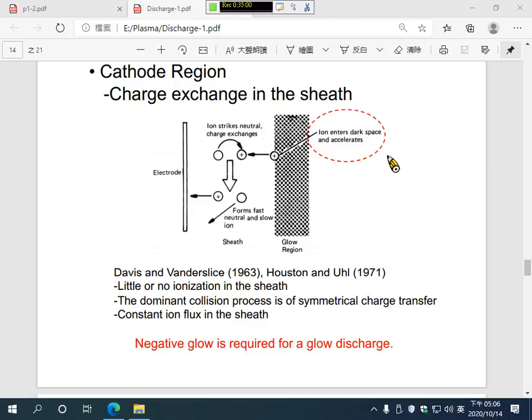So there is little or no ionization process in the cathode layer or cathode sheath. In the cathode sheath, the dominant collisional process is the charge exchange between cations from the negative glow and the gas atoms in the cathode layer. So the negative glow is required for a glow discharge from this analysis.